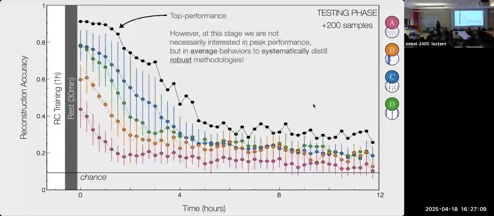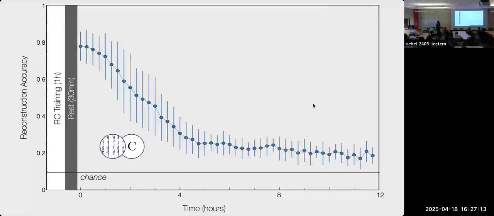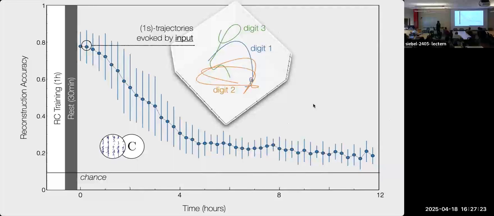to see what's the difference between the dynamics that's going to perform in the RC. So let's just focus on the type C here because that's one of the best performing dynamics that we see. When it can reasonably distinguish the pattern, when it's around like 80% accuracy, the trajectory looks much more consistent like that.